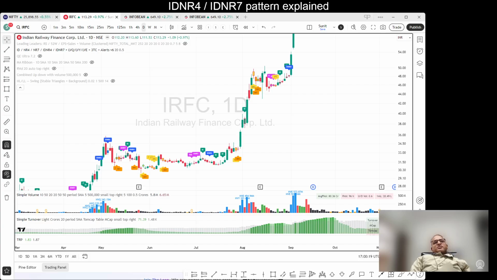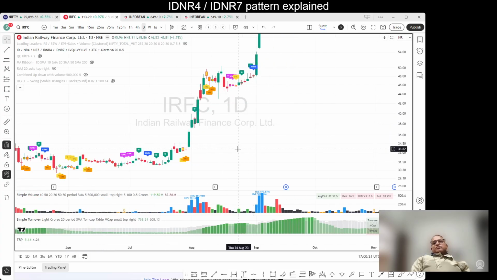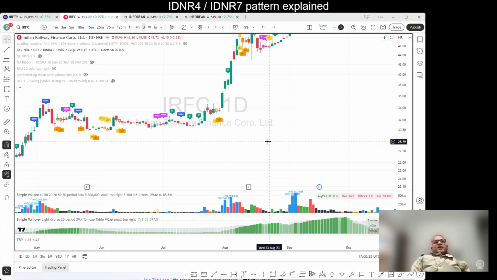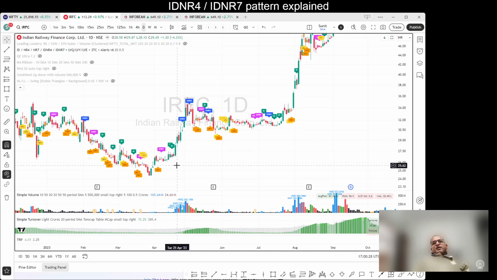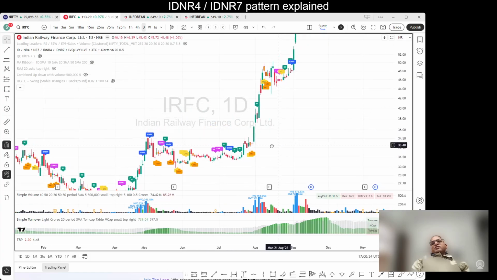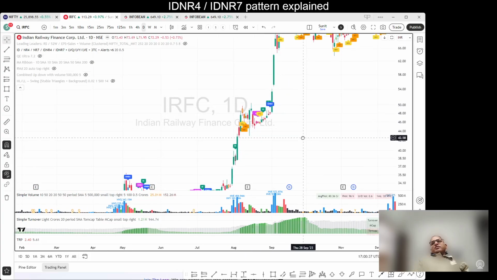So what is price compression? See, markets don't move in a straight line. They compress, they expand. Expansion, compression, expansion, compression, expansion, compression, expansion.